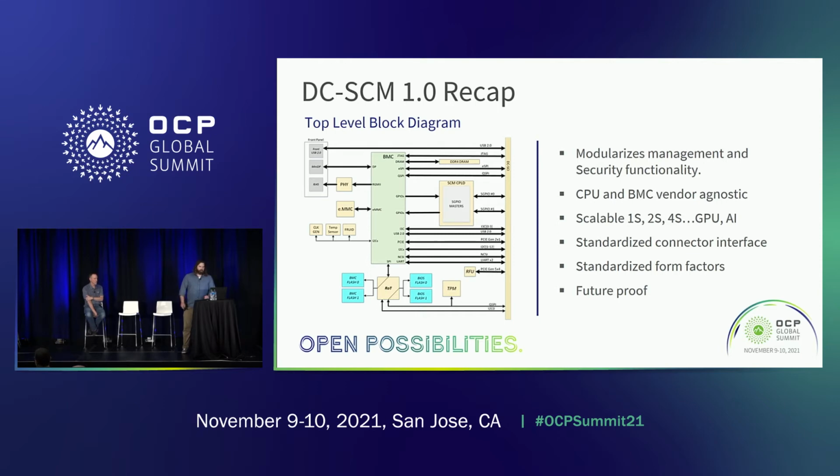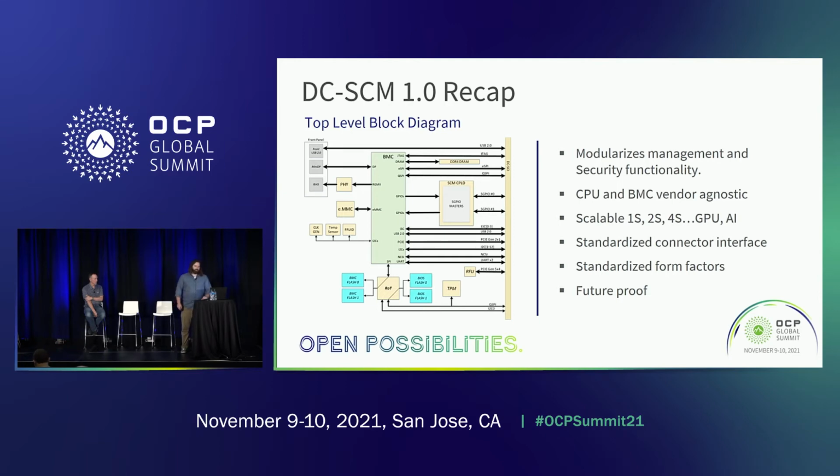Also at the heart of SCM 1.0 is the whole idea of using serialized GPIO to aggregate all the hundreds of GPIOs that are needed for different architectures. As you can see, it's CPU and BMC agnostic, and agnostic to number of sockets and type of compute.